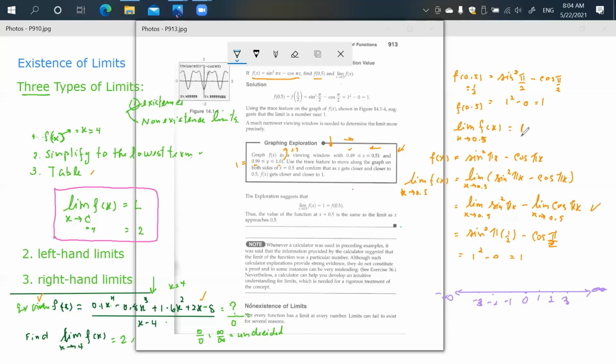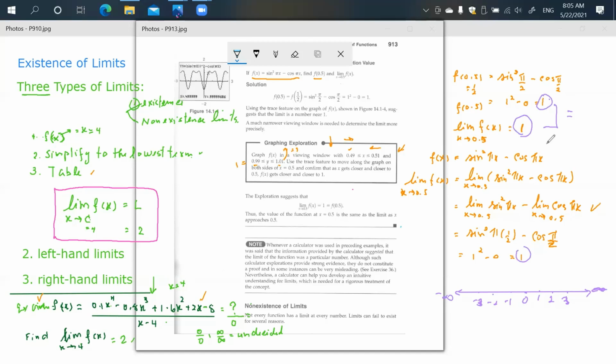At the same time, when you find the limit of the function when x equals 0.5, the answer is 1, right? And this one equals the function f of x also, which is also 1. So this is equal, right?